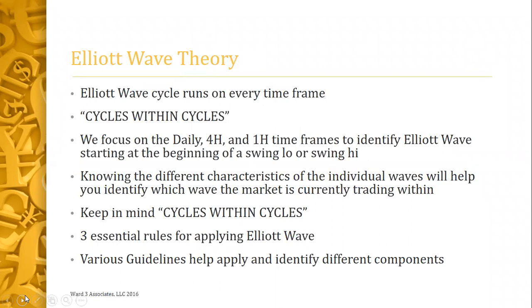Knowing the different characteristics of the individual waves will help you identify which wave the market is currently trading within. So again, I want to stress to you all, cycles within cycles, all right? And there's 3 essential rules for applying the Elliott Wave theorem, and there's a few various guidelines that help apply and identify the different components.